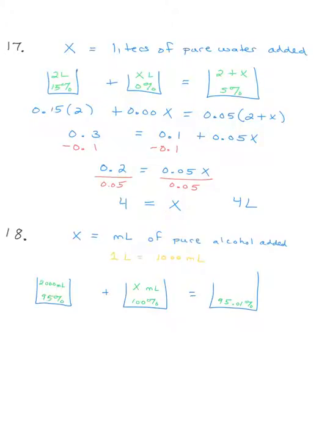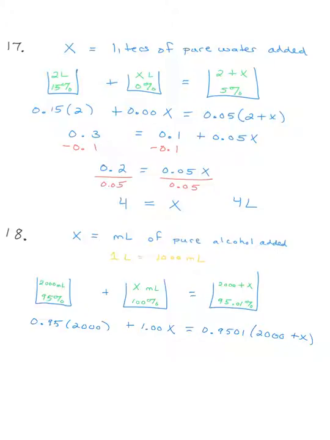And that's going to be 2,000 plus X milliliters. Anyway, the equation will be 0.95 times 2,000 plus, well, 100% is just 1 times X. I could have just put X. And on the other side, I have 0.9501 times 2,000 plus X.